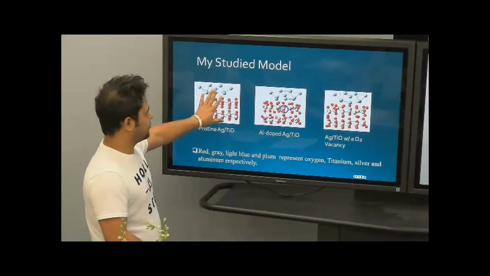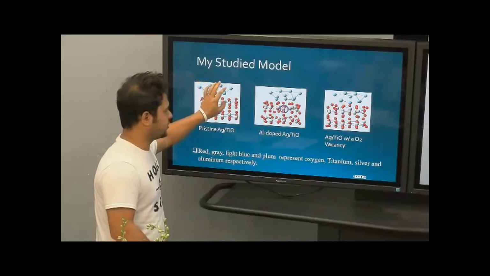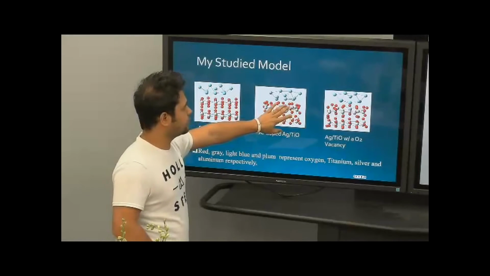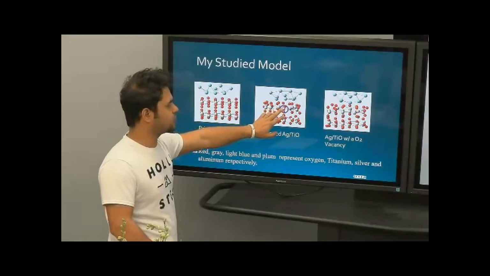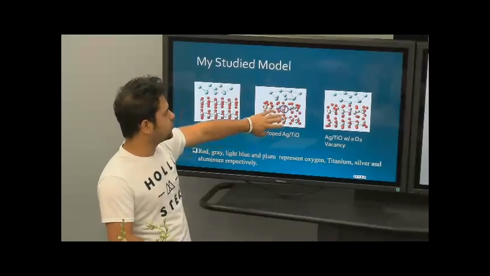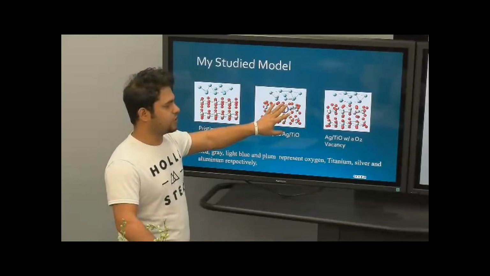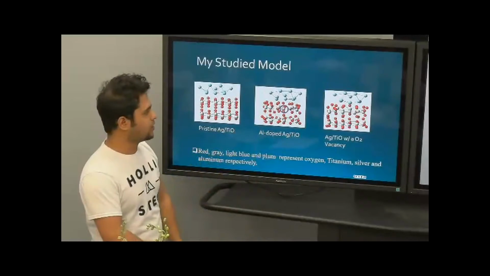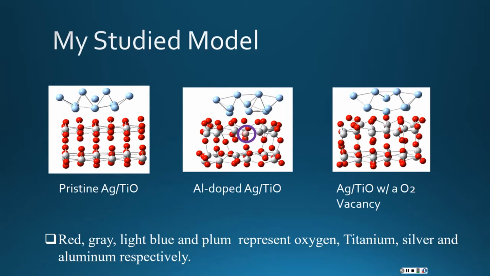This one gives us the pristine metal oxide layer with the metal, and in this one I replaced one titanium with aluminum in the titanium oxide layer to see how it changes the conductivity. I also studied the oxygen vacancy and how it changes the conductivity, but I didn't complete that system, so I just worked on these two.